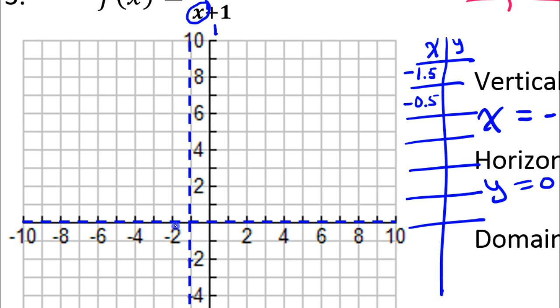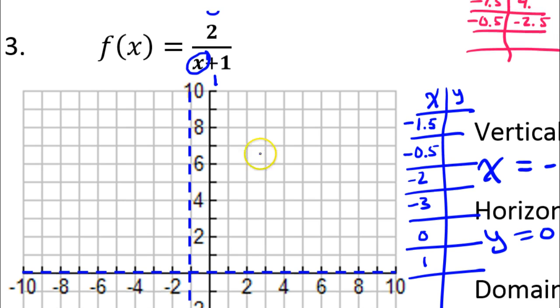Now I've got a value just to the left and to the right. So I need 2 more values on the left and 2 more on the right. So I'll go ahead and do negative 2 and negative 3 on the left. And on the right, I'll go ahead and do 0 and 1. So this gives me 3 values on the left and 3 values on the right.